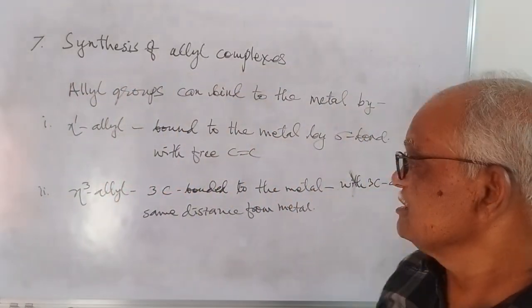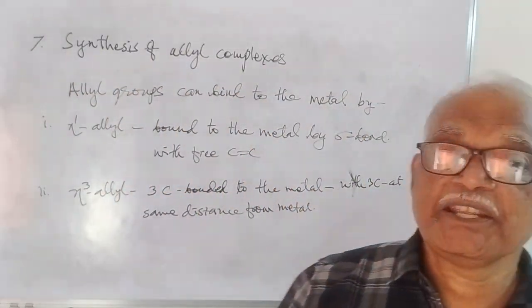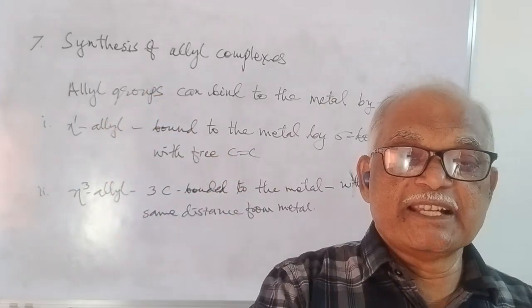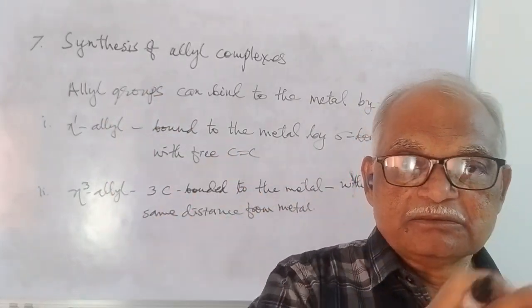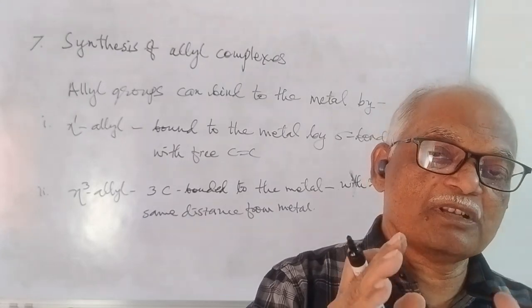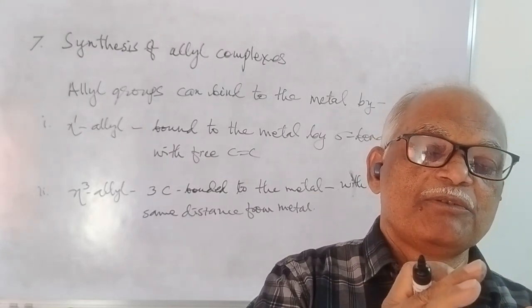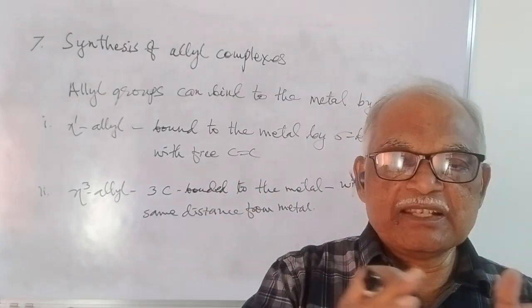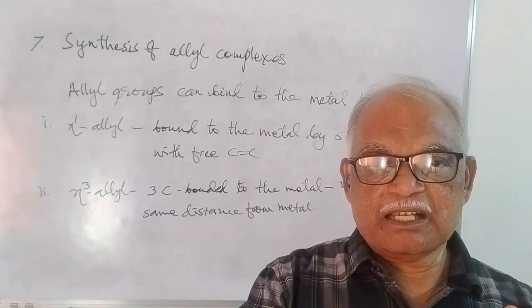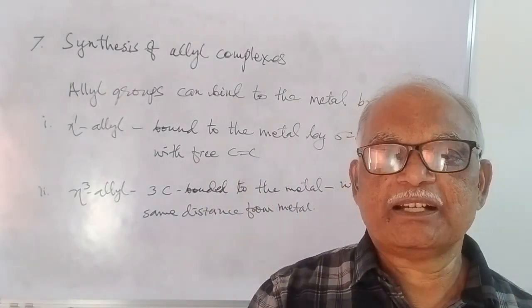Actually in this case the metal is fluctuating between carbon atoms number 1, 2, 3. So it is available simultaneously at 1, 2, 3, meaning it is not fixed at a particular carbon atom.